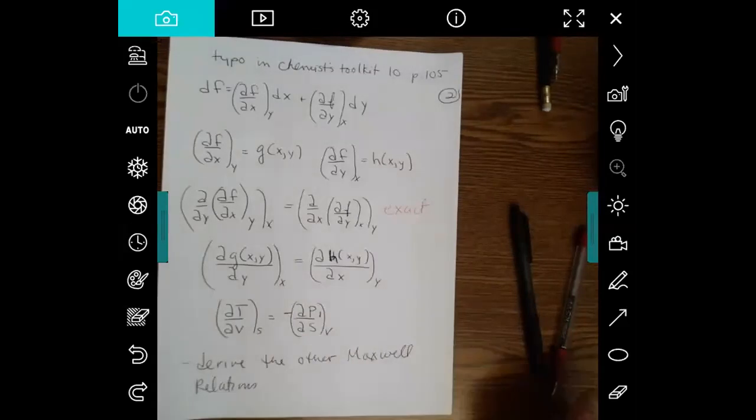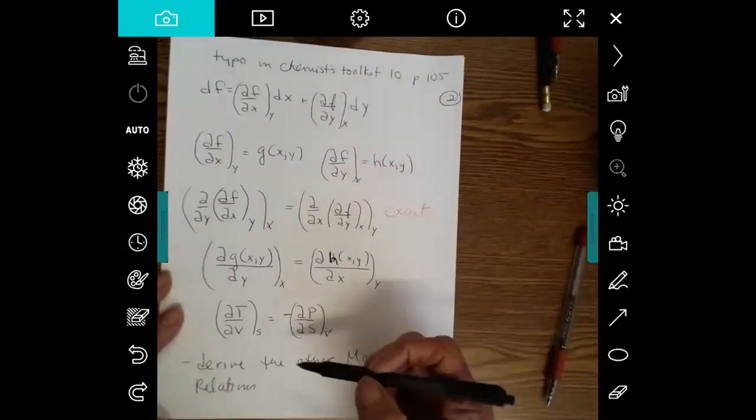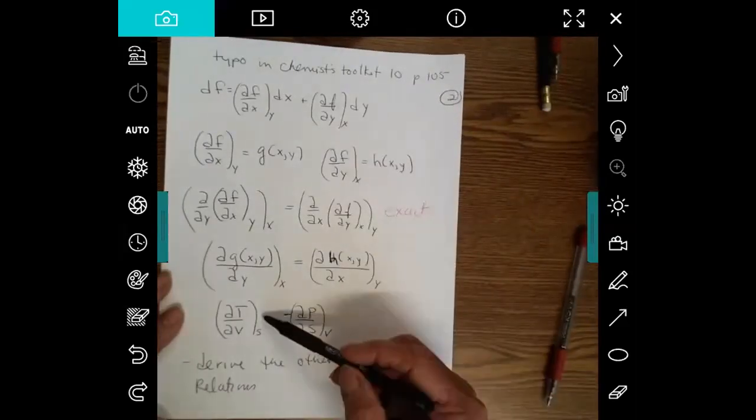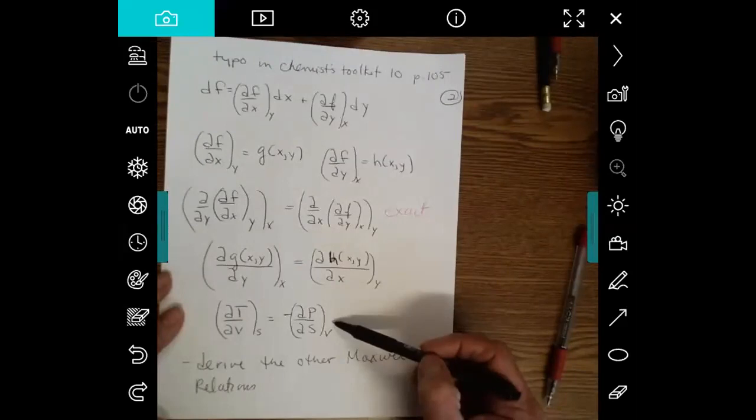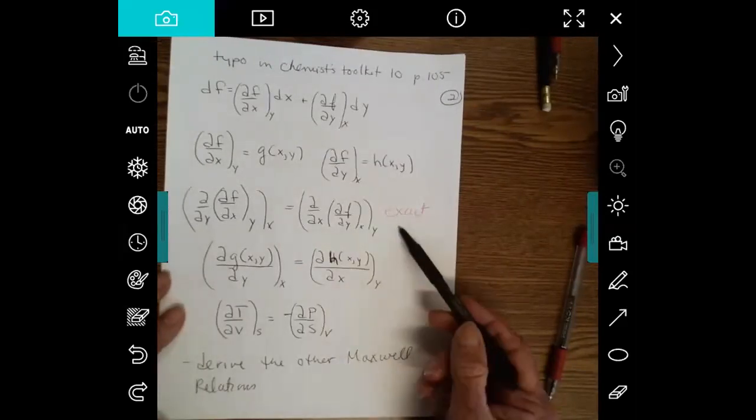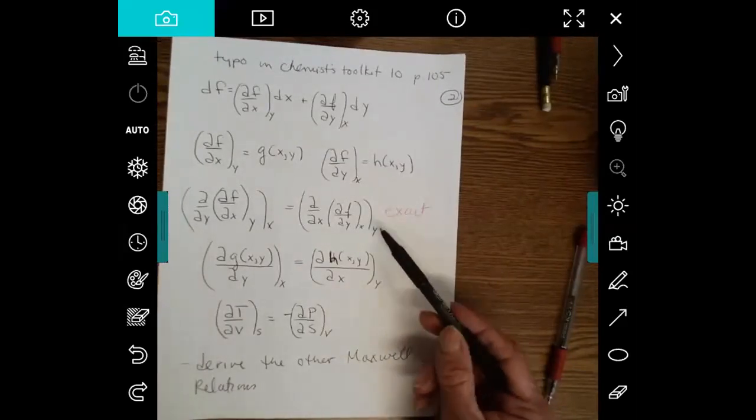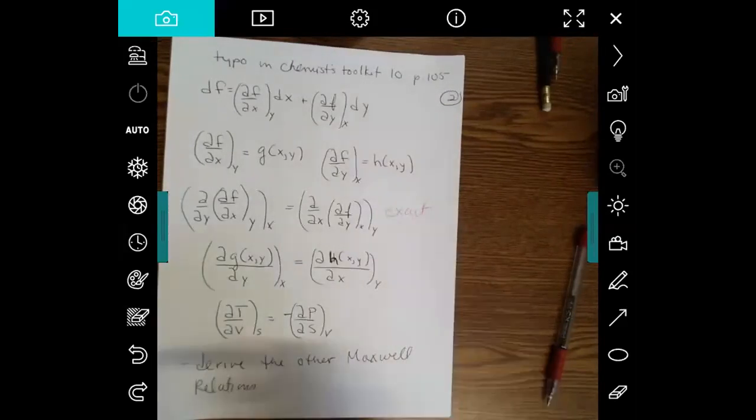That is one of the Maxwell relations, and that is just absolutely amazing. You could never have figured out there was a relationship between these two changes unless you had looked at this calculus to recognize that you had to have an exact differential.